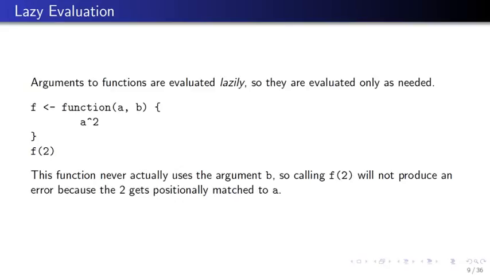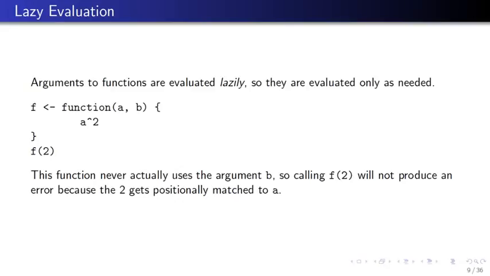So if I say f of 2, what happens? In R, you get 4, because 2 squared is 4. Now you might be wondering, what happens to b? When I call f, I never specify the value of b, and furthermore, b doesn't have a default value. What happens is nothing, because the function f doesn't actually use b, so the argument is never evaluated, and because it's never evaluated, there's no error.